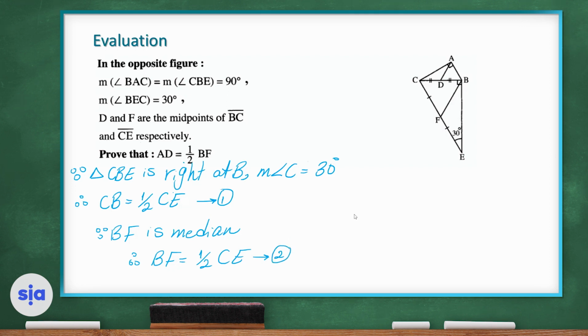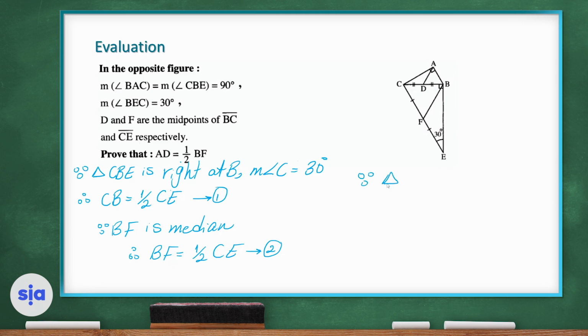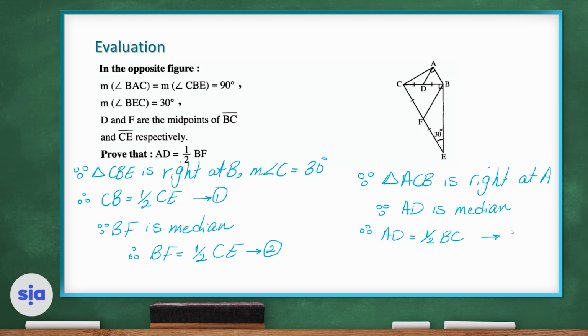After that we say, since triangle ACB is right at A, since AD is a median, therefore AD is half the BC, and we're going to call this remark number 3.